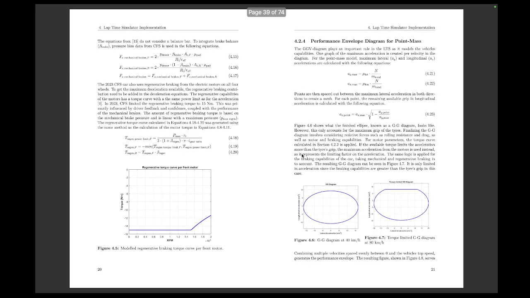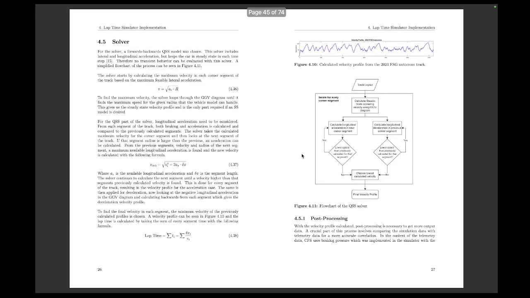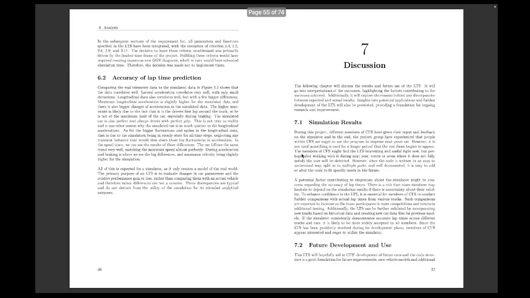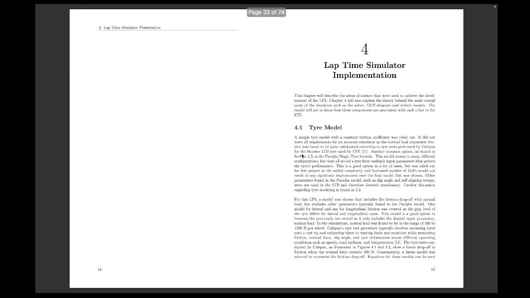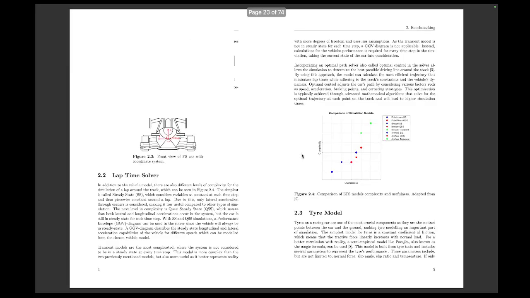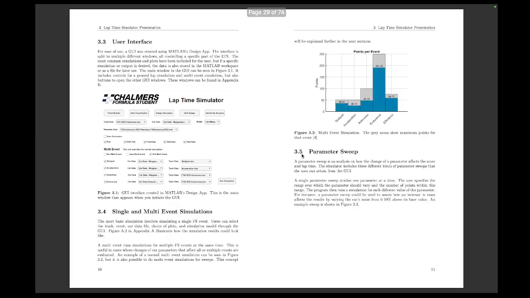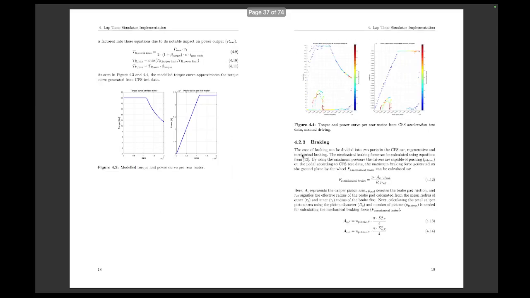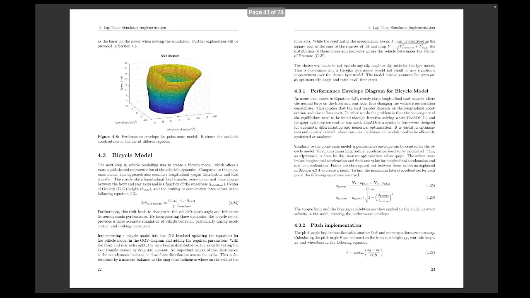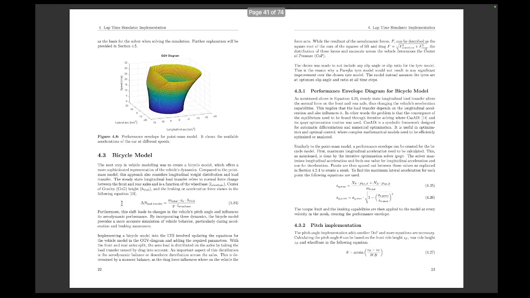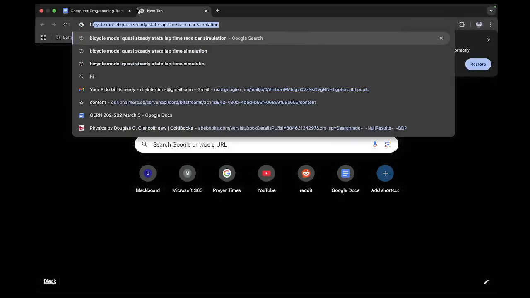I missed it. Where is it? Oh, right here.